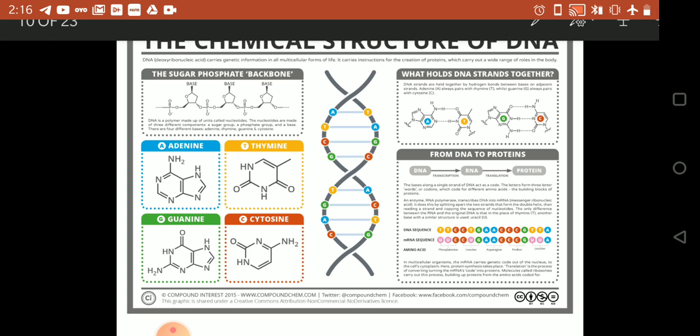That is called replication. If the DNA has to be changed to RNA, it undergoes transcription, and when RNA is converted to protein or amino acids, it is called translation. These are the important steps: DNA to DNA, DNA to RNA, and RNA to protein.